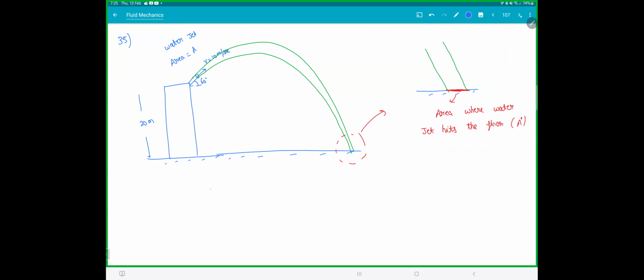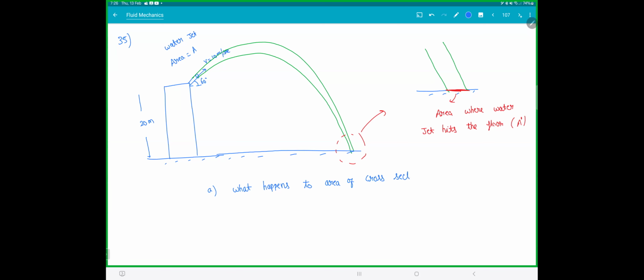So the questions, first one: how does the area of cross section change? Options will be: area of cross section will always increase, always decrease, increase and decrease, decrease and increase. There will be 4 options like this. What happens to the area of cross section of the water jet?